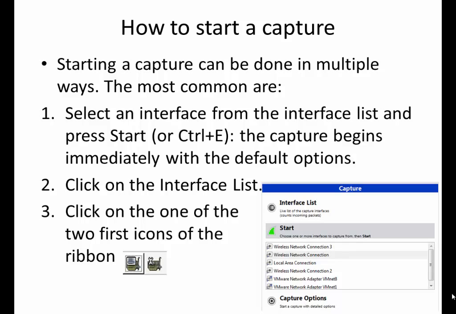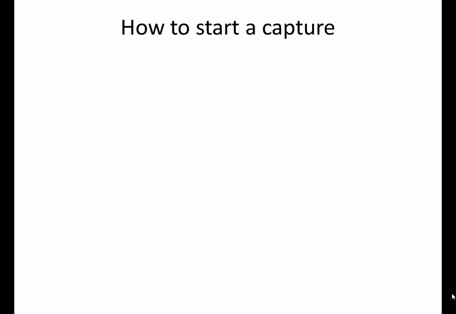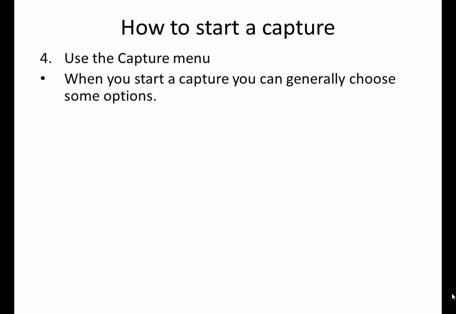The most common ways are to select the interface from the interface list and press start, or, if you like the keyboard shortcuts more, Control E, like England, and the capture begins immediately with the default options. Another way is to click on one of the first icons in the ribbon, or use the capture menu.